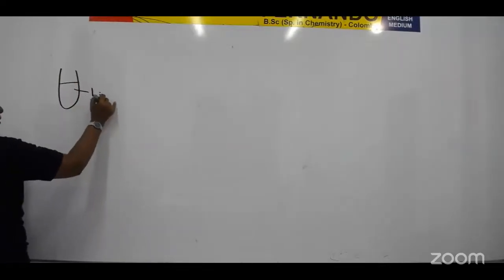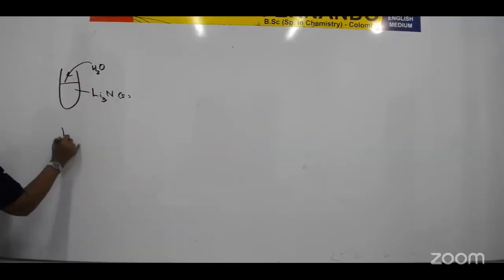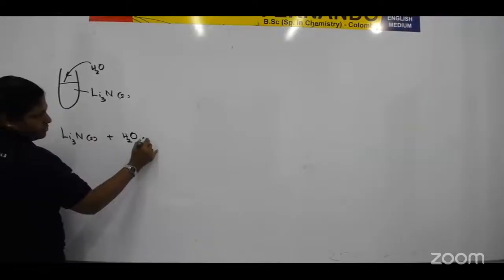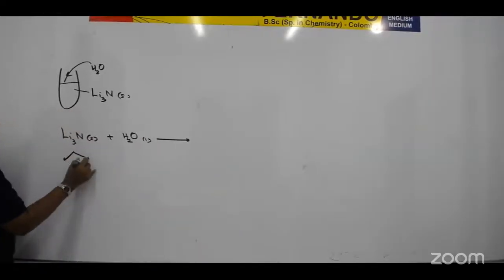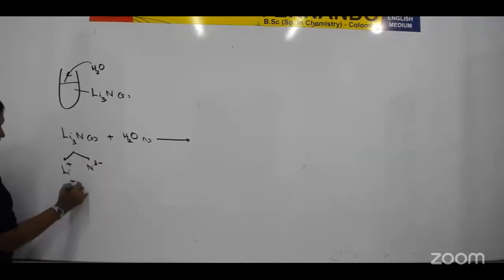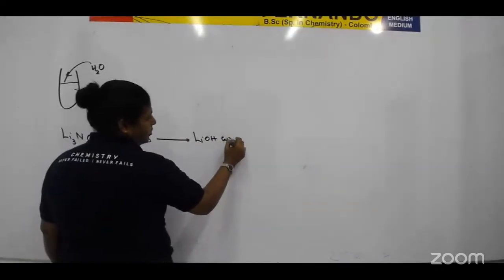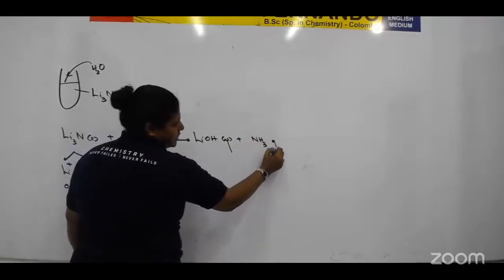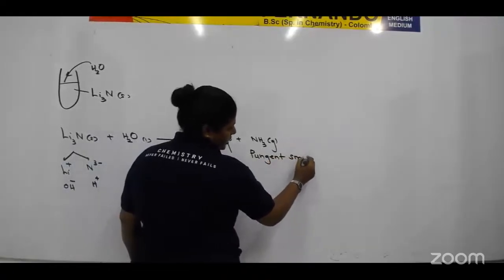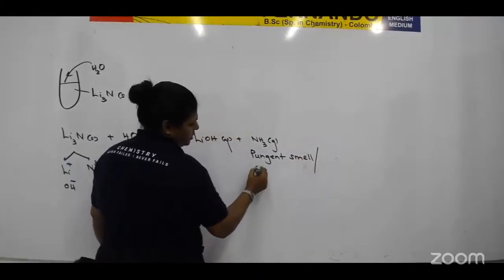Here we have lithium nitride solid. Add water. What's the reaction? Lithium nitride reacts with water: Li plus N3 minus, water, OH minus, H plus. Products are lithium hydroxide and ammonia. So this is the pungent smelling gas, or we call it a strong smell.